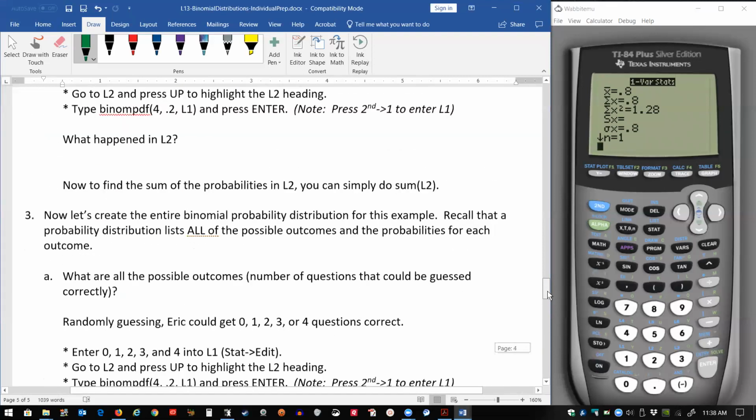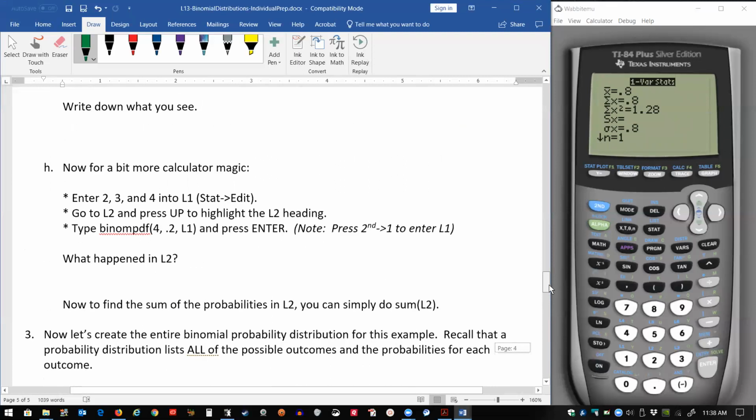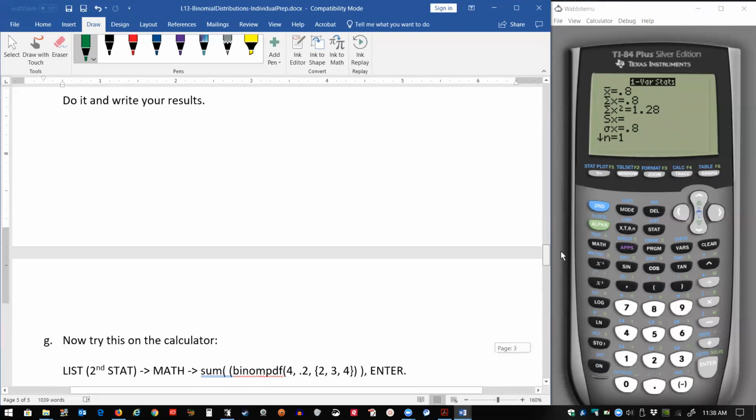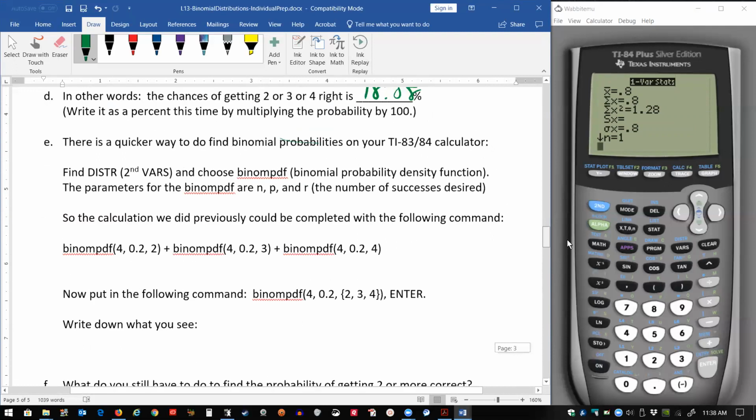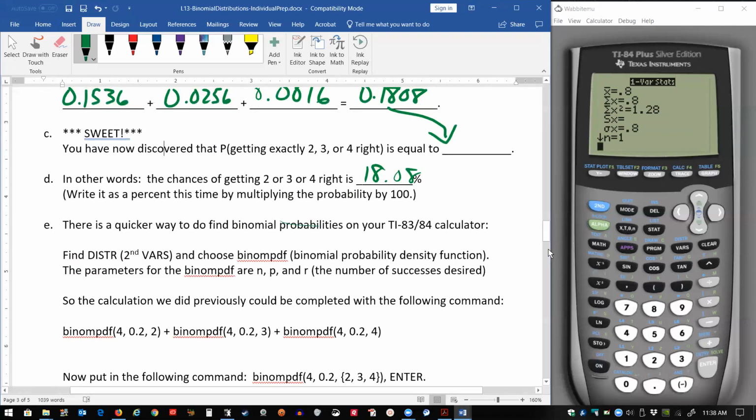You should have in your list or in your notes the binomial PDF function and what it does. Essentially the binomial PDF function finds the probability of your successes being exactly equal to a specific number, right? You'd use binomial PDF with N, P, and R in there.